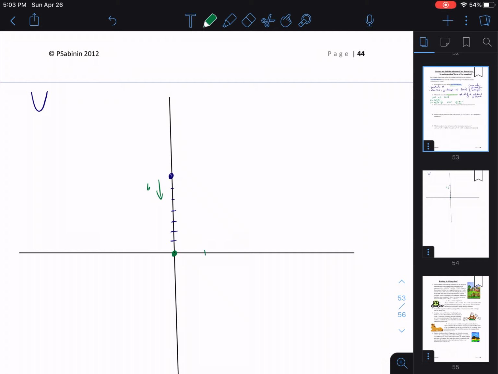Let me make this 1, 2, 3, 4. So 1 1/3 is going to be the other intercept. Right? So I actually kind of know what this function is going to look like.